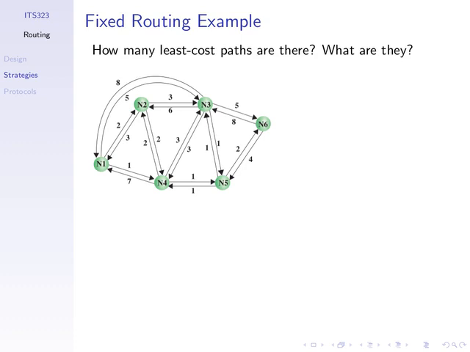And also we need a path from N2 to N1, N2 to N3, N2 to N4, and so on. So there are 5 here. If N1 is the source, there are 5 paths. And if N2 is the source, there are another 5 paths. And since we have 6 possible sources, there are a total of 30 paths.